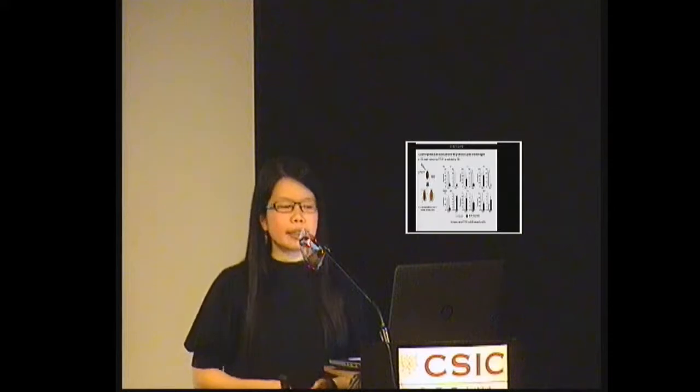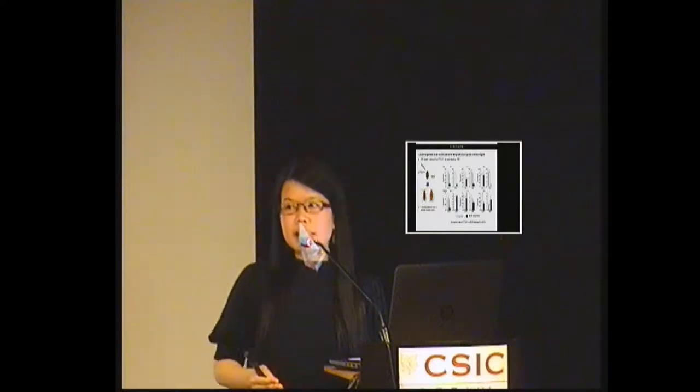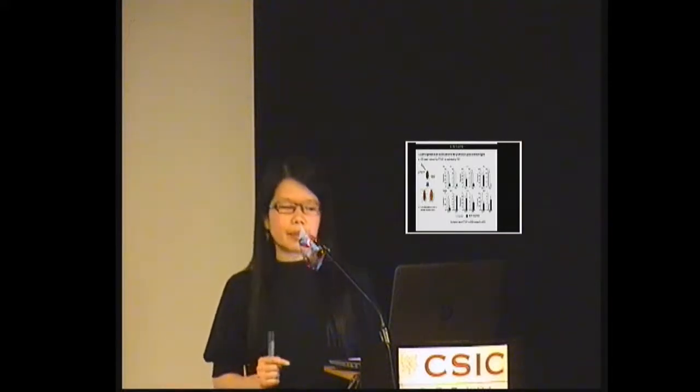So from this result, we can conclude that the effect of Fushi tarazu transcription factor 1 in the degeneration of the prothoracic gland should be to induce or activate the expression of E93, and E93 is the effector of the destruction of the prothoracic gland in this animal.